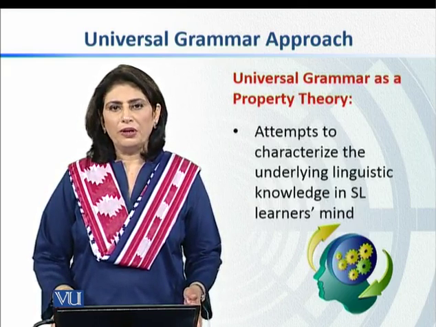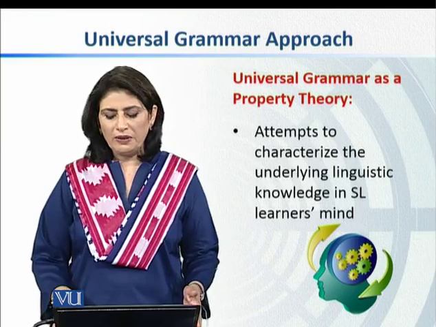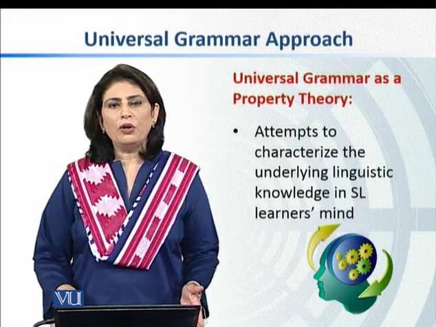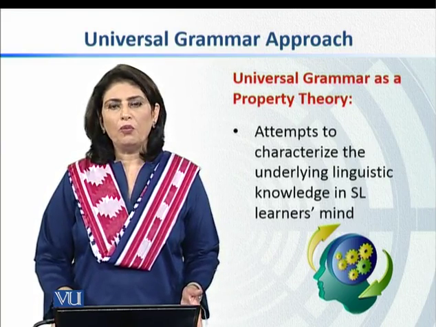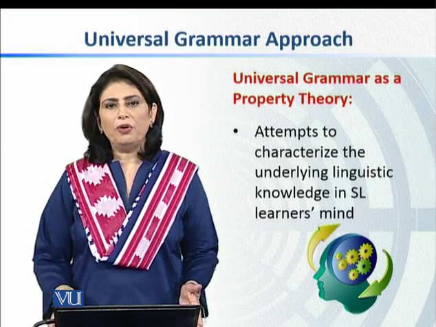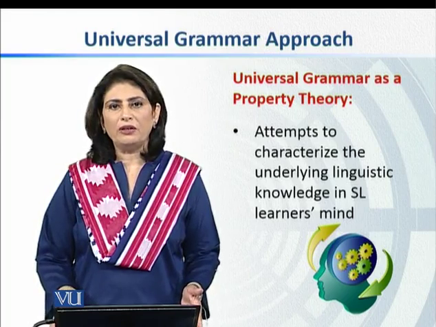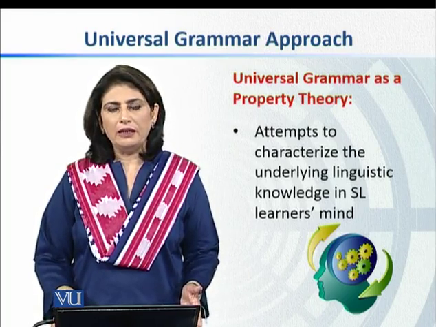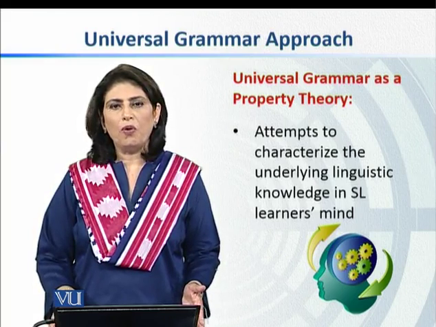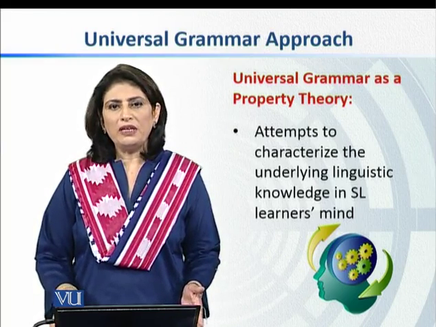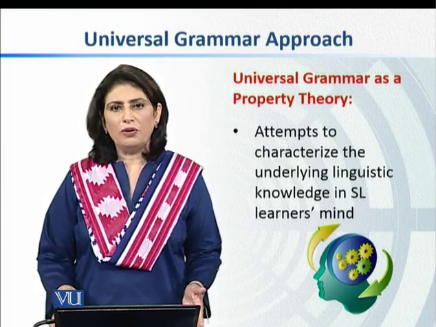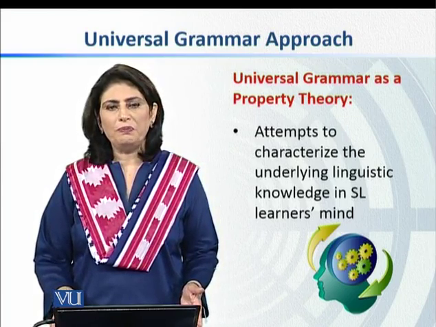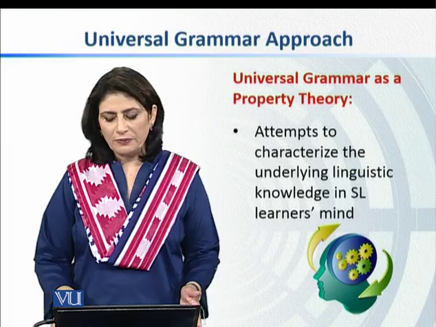The universal grammar theory or approach can be seen to be what we call a property theory. Now, what is a property theory? A property theory is a theory that looks in detail and tries to describe what is already there, that is, what kind of language knowledge the learners actually possess in their minds.